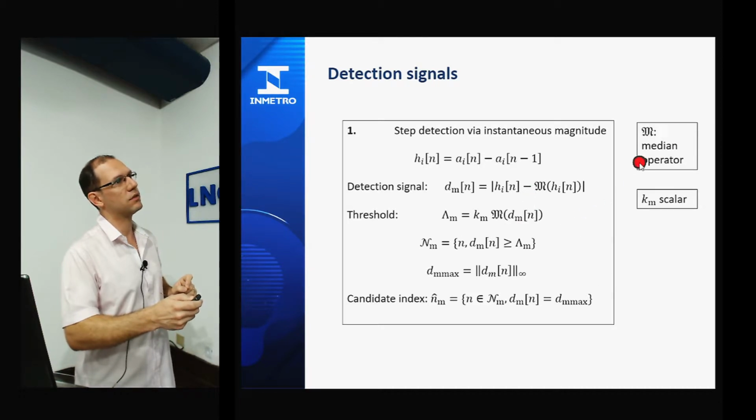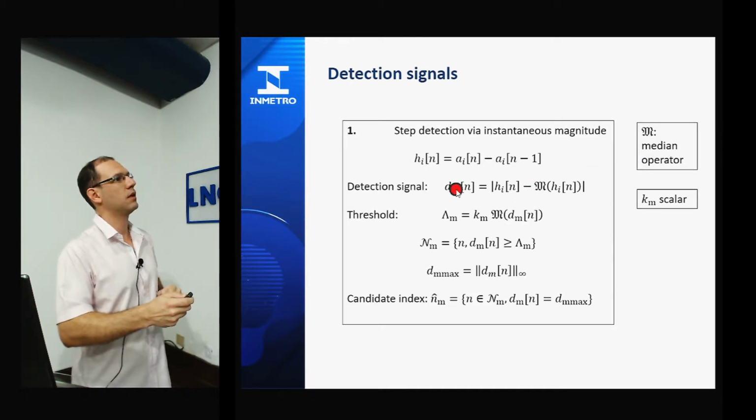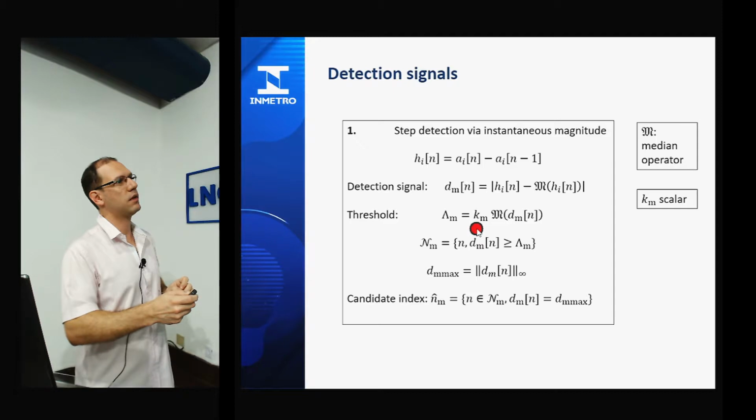So m here is the median operator. And we also define a threshold given by lambda m, so we have km times the median of the detection signal, and km is a scalar.